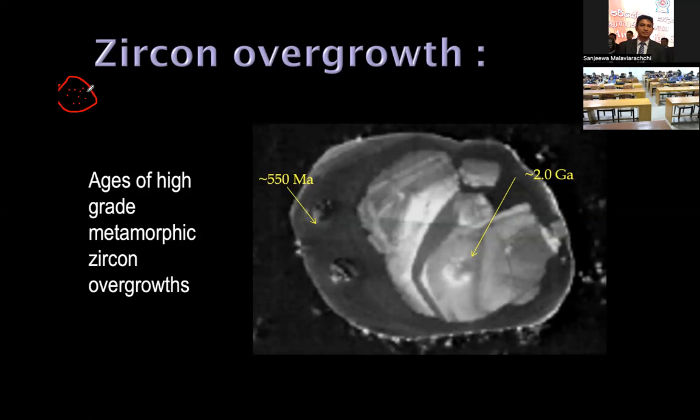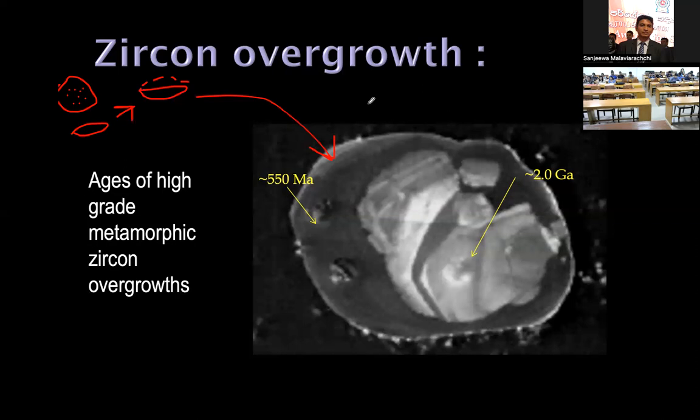This will be polished until half of its thickness is exposed, right? Originally the zircon grain is like this. So half of its thickness is exposed by polishing, so you don't see the upper part. The upper part has been removed by polishing. That face is used for dating purposes, because it's necessary to expose all this area effectively. That's why it's polished to half its thickness.